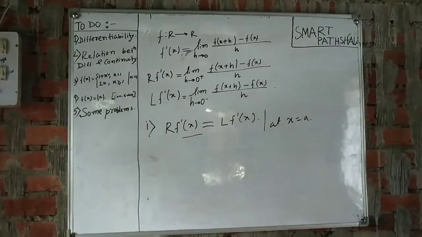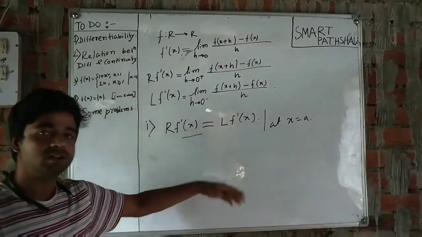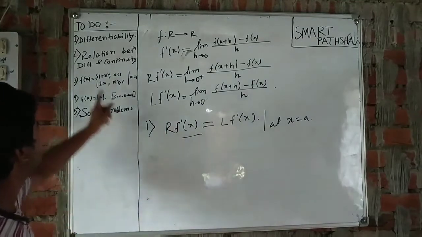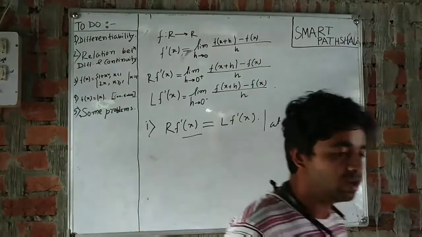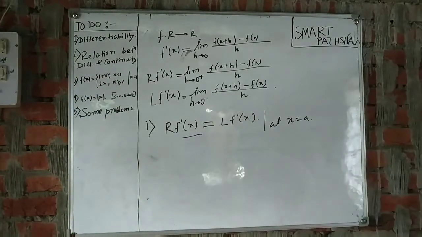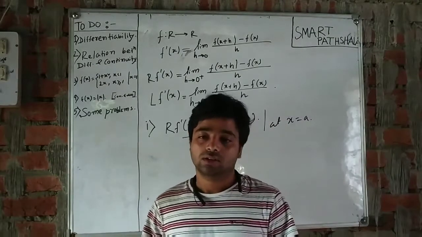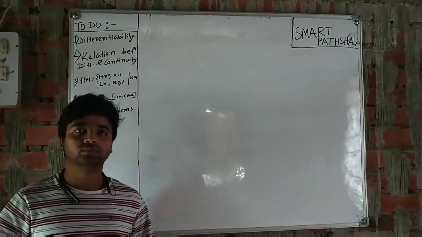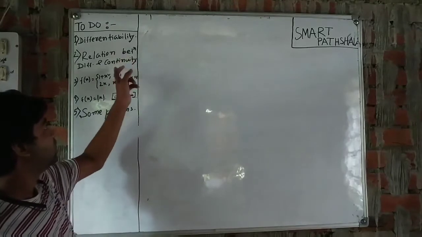Now, as we have achieved the necessary condition for the differentiability of any function f of x, we will derive the relation between the differentiability and the continuity. Remember the last class where we defined the continuity. Now, we will see the relation between the differentiability and the continuity.